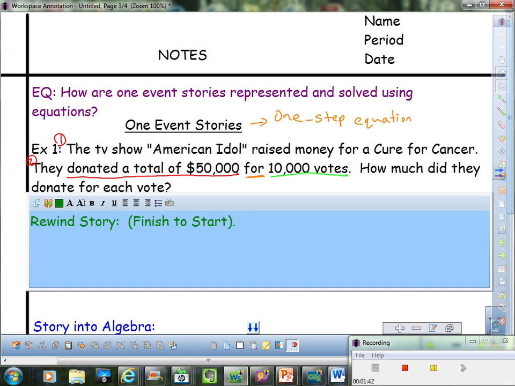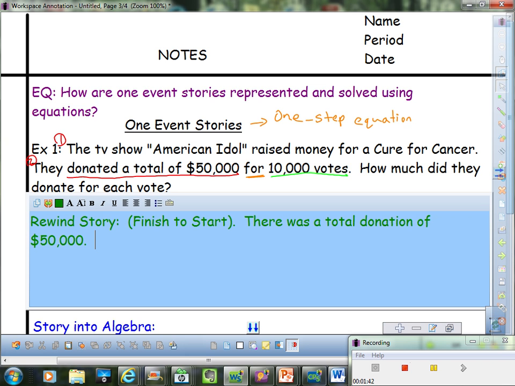So what is the end of this story? And this is going to be a paragraph that you actually write for this section. What is the end of this story? All right. So there was a total donation of how much? $50,000. All right. What else was going on in the story? Or how did they get a total donation of $50,000?